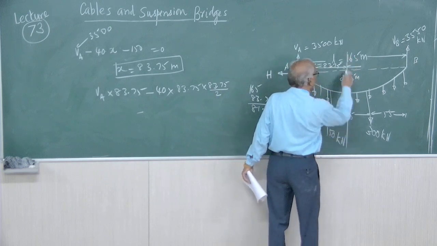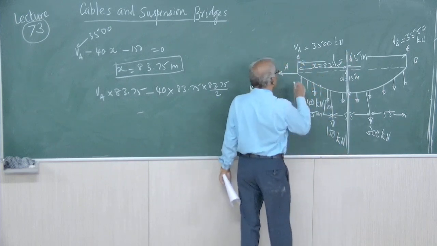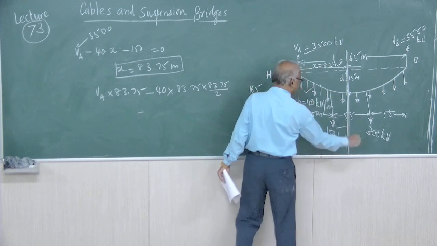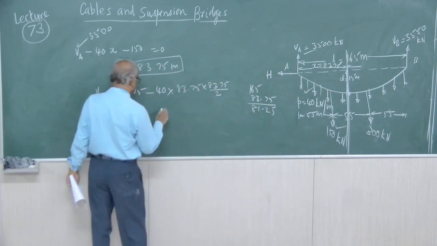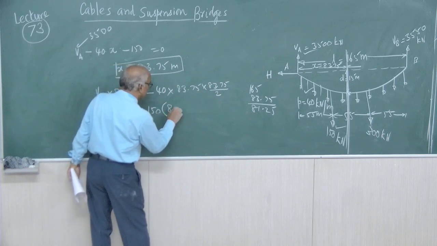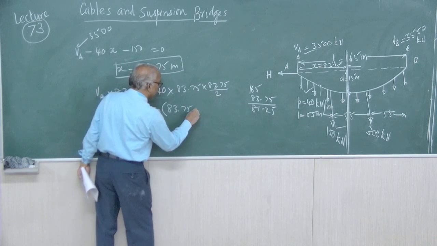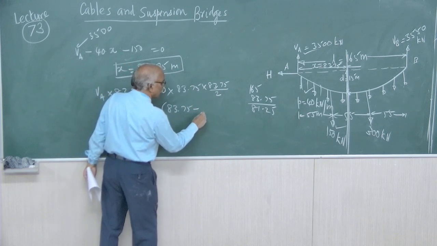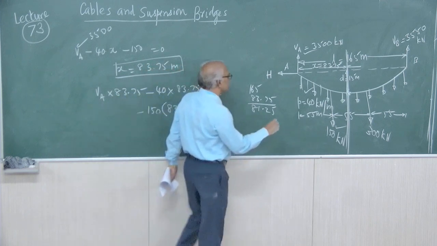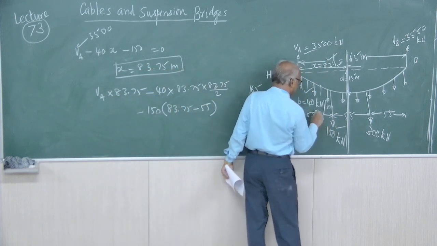To the left of this section we have VA, the UDL, and the concentrated load, which is 150. So minus 150 into 83.75 minus 55. This is 83.75, this is 55.